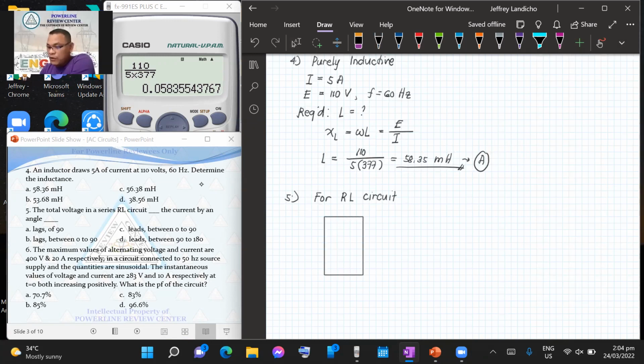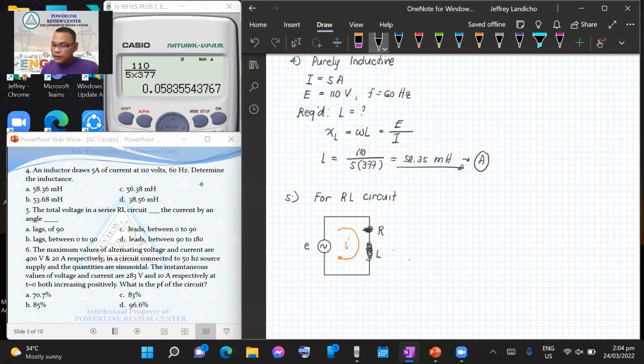For simplicity, we have only series resistance and inductance. So we have R, we have L, we have the given source voltage in terms of E, then we have the circulating current.